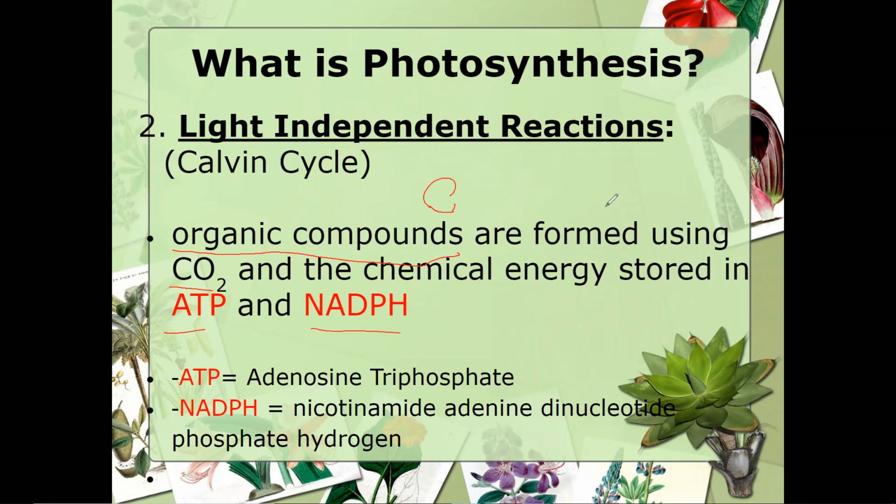So what this entire thing is doing is using the products of the light-dependent reactions to continue on and then finally make your organic compounds, okay? So a little bit more complicated.